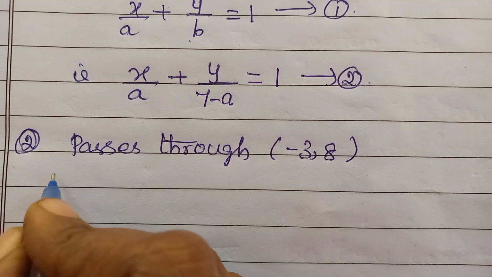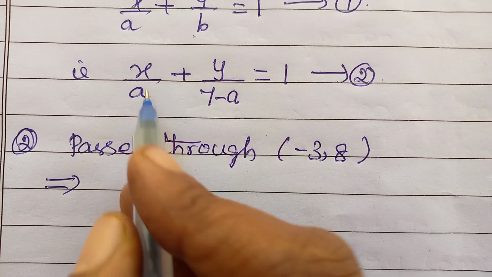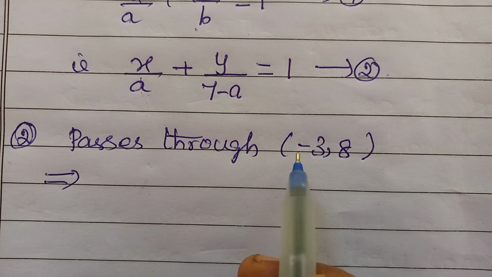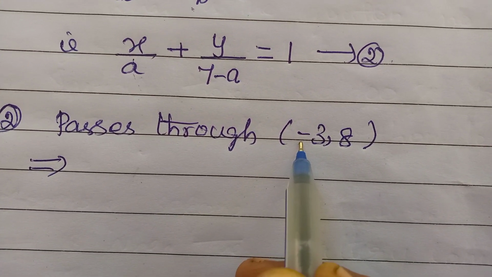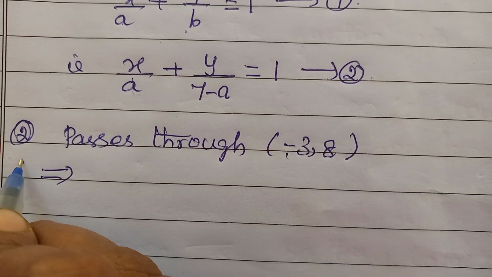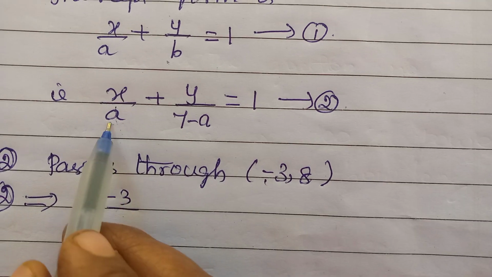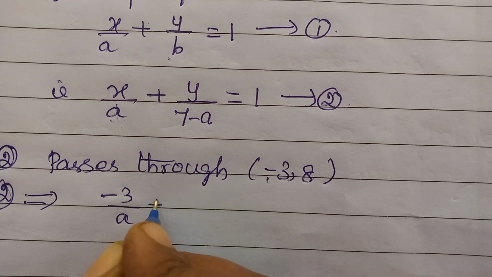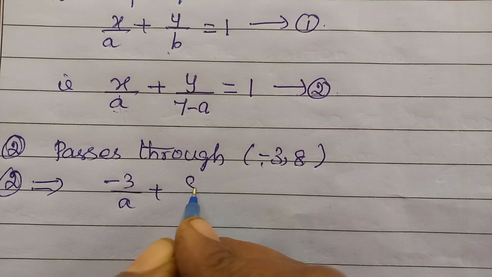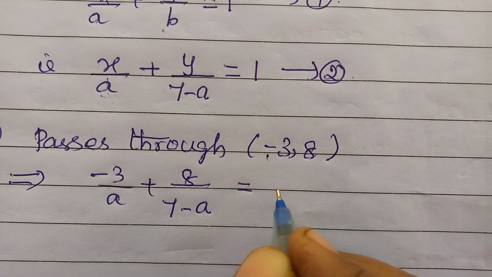So equation 2 implies, in place of x we can give x is equal to minus 3, y is equal to 8. So 2 implies x is minus 3 by a plus y is 8, 8 by 7 minus a is equal to 1.